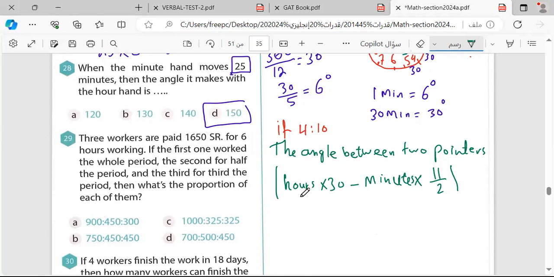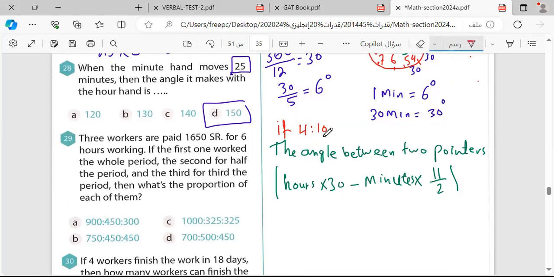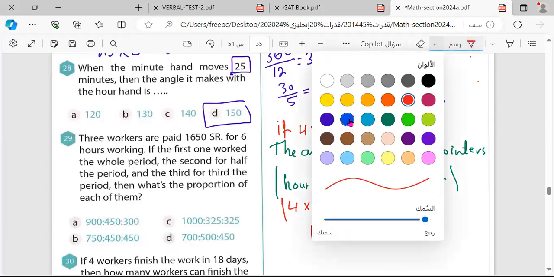Okay, the time is 4:10, how do we find the angle? Let's substitute and get the result. Hours, what is the hours? It is 4 times 30 minus minutes, 10 times 11/2. Okay, 4 times 30 is 120 minus 10.